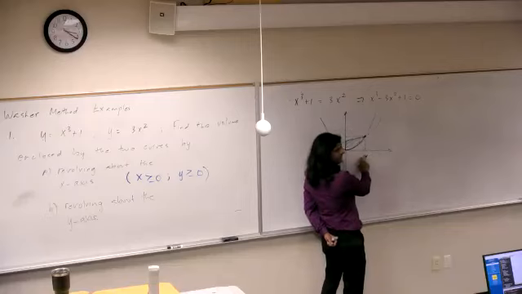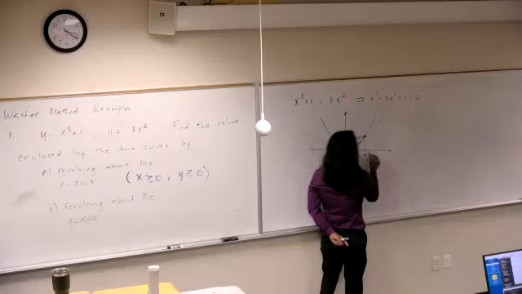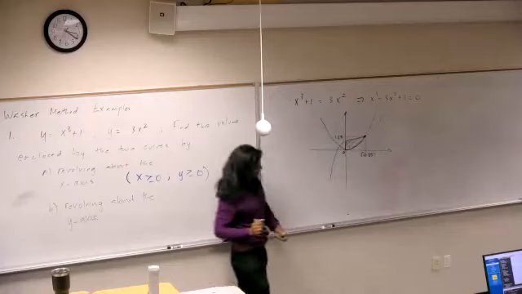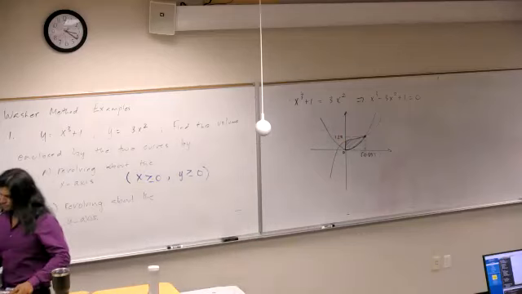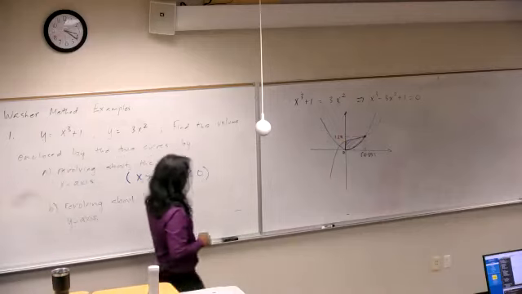What is the x value? 0.65. Y value? 1.28. Okay. Now, we want to spin this enclosed area about the x-axis.